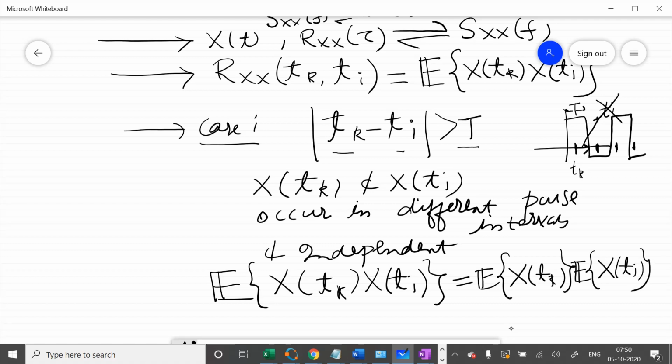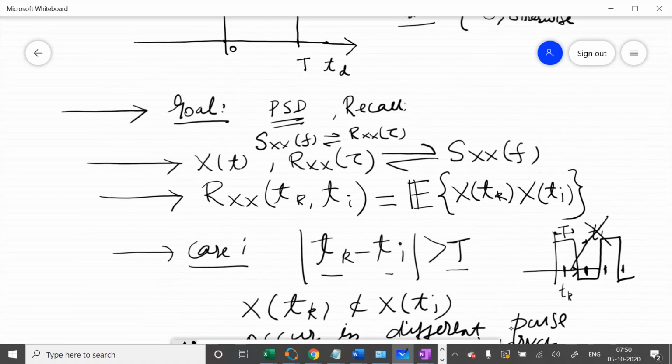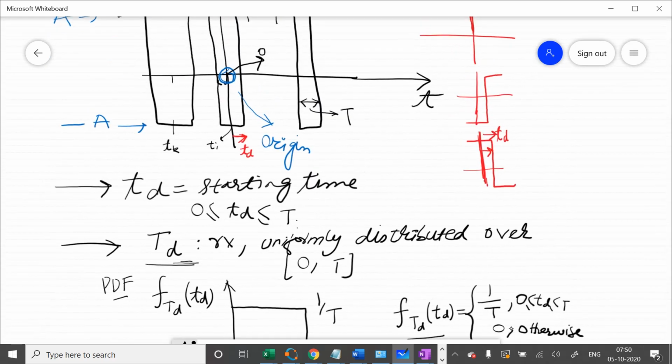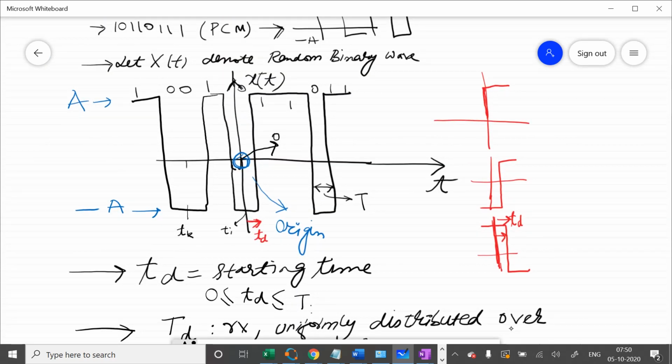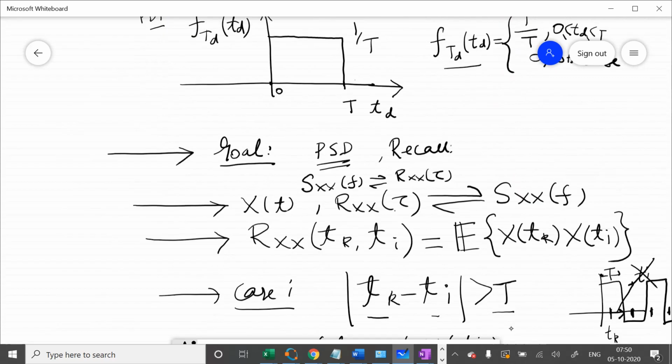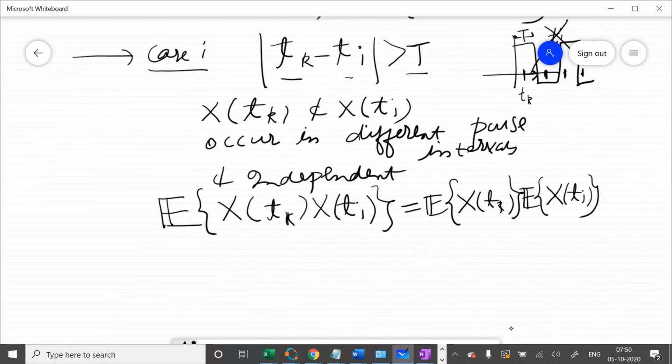What is the expected value of this signal? I will not go into detail, but it is random plus A, minus A, plus A, minus A. On average, the value will be 0. So the average value of the signal is 0, and hence this expected value is 0 times 0, which is 0. So case 1 is solved.